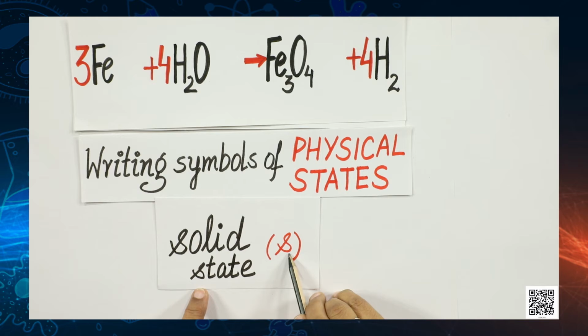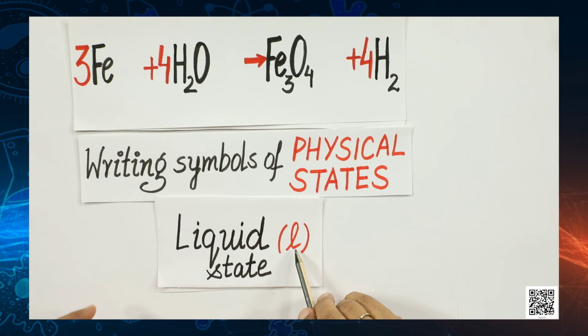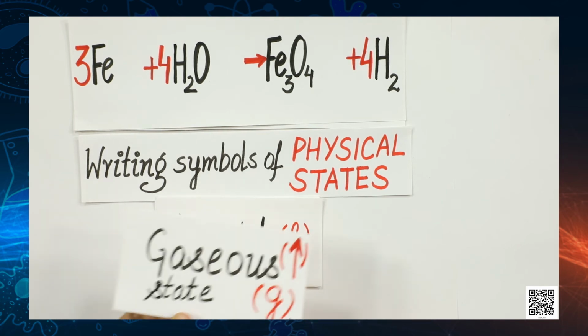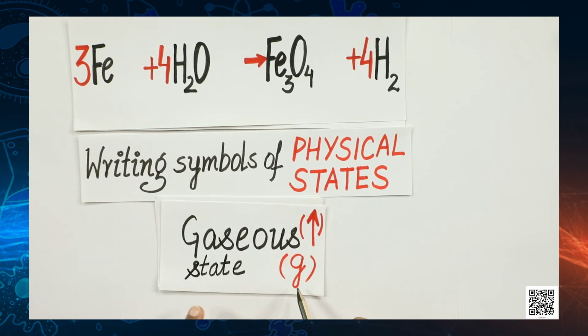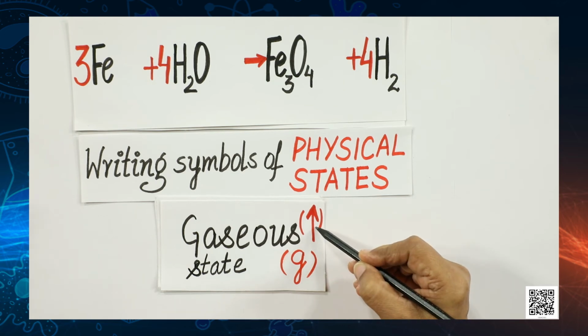How do we do that? Well, for solid state, we will add in bracket a small letter s. For liquid state, we will add a small letter l, and for gaseous, we will add a small g, or we can also show it by an upward arrow.